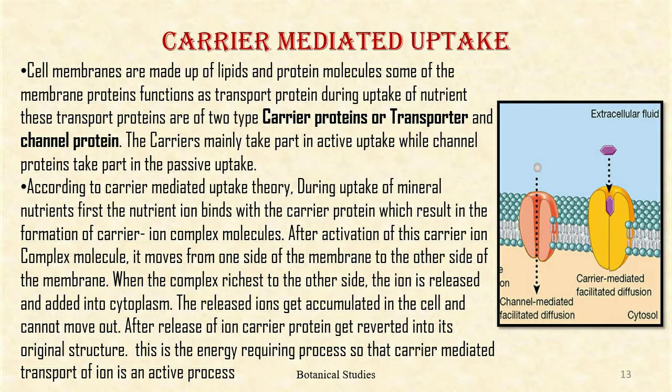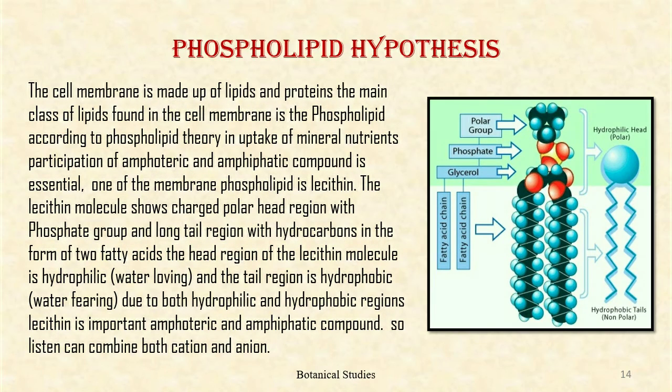When the complex reaches the other side, the ion is released into the cytoplasm. The released ions get accumulated in the cell and cannot move out. After release of the ion, the carrier protein reverts to its original structure. This is an energy requiring process, so carrier mediated transport of ions is an active process.